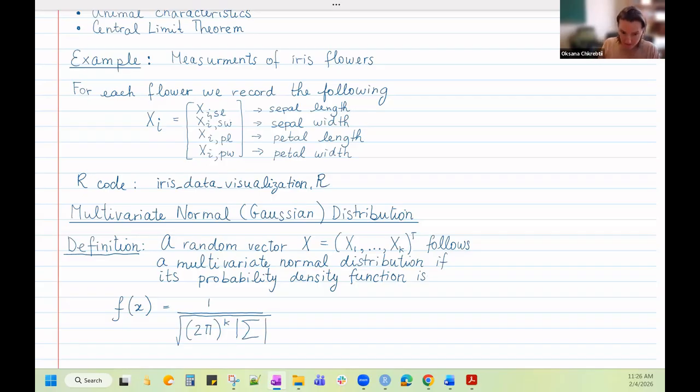So we have a constant coefficient in the front, which depends on the determinant of this covariance matrix, sigma, times an exponential of the so-called Mahalanobis distance between the data, the random vector, and its mean.